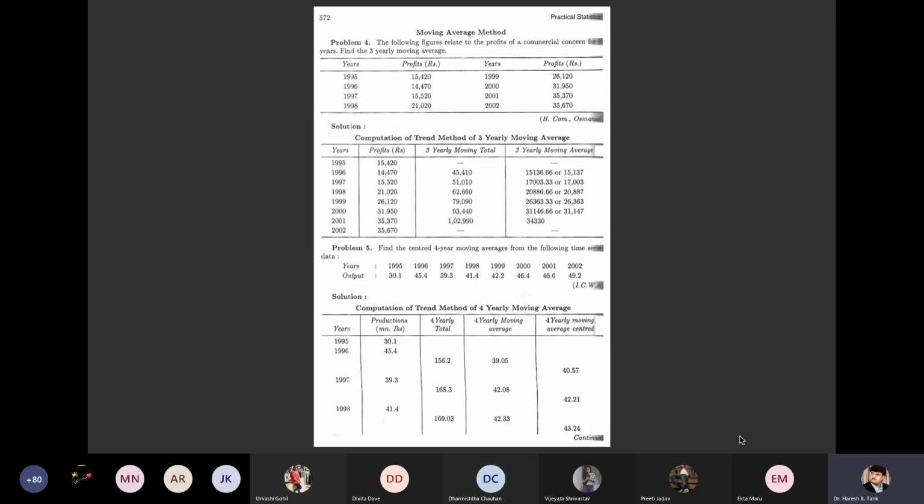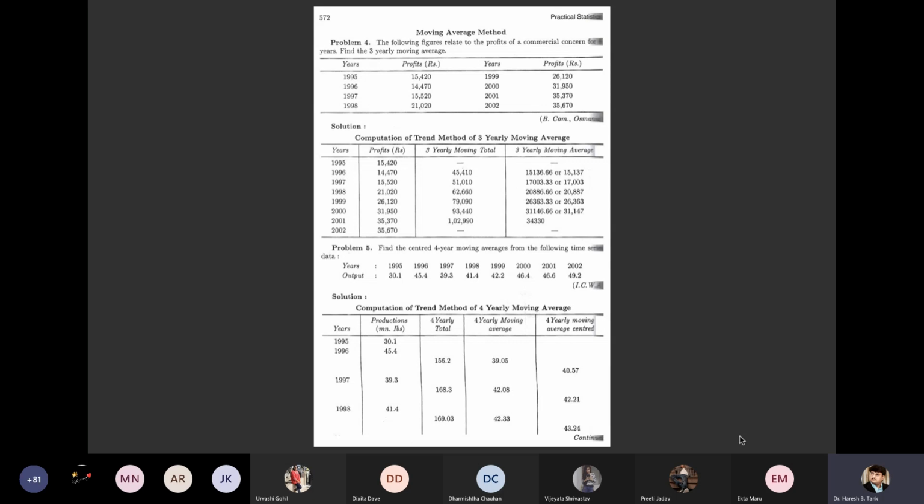For every entity, the next column is the 4-yearly moving average. Since it is a 4-yearly moving average, you have made a sum of 4 entities, so naturally you have to divide it by 4. Whatever is there in the 4-yearly total column, divide it by 4, and you will get the next column, which is the 4-yearly moving average.